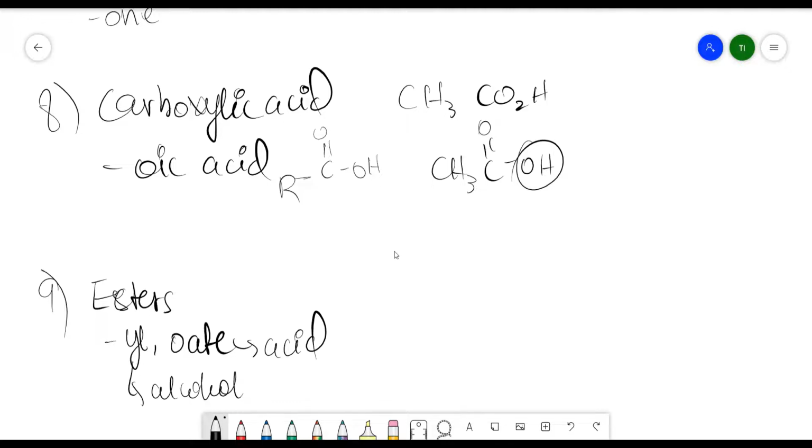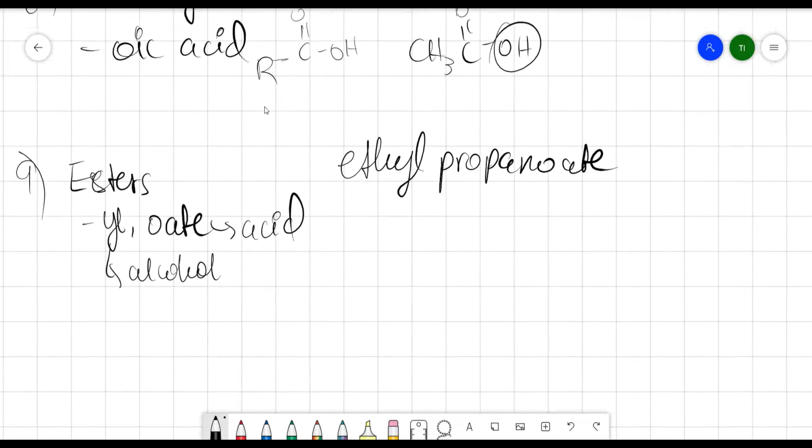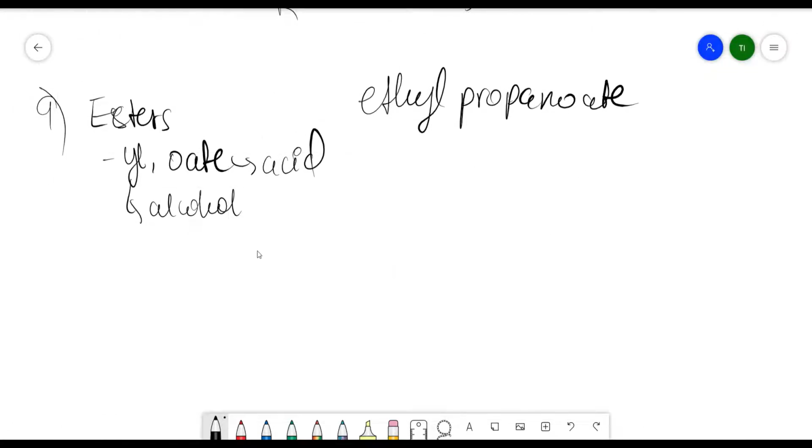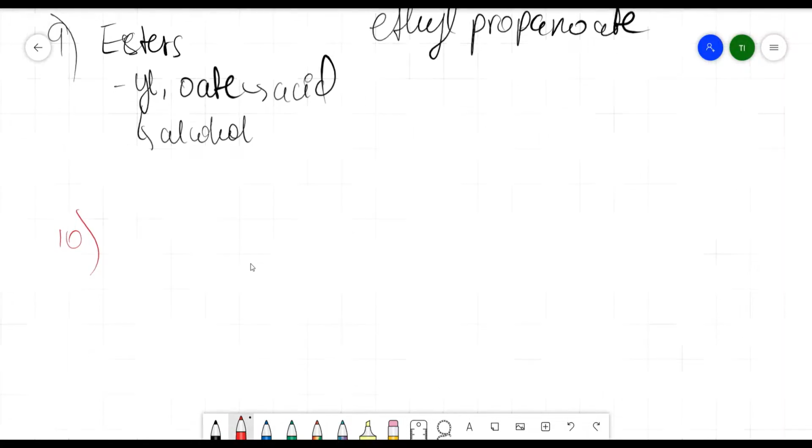So let's say you have propanoic acid and ethanol, so it would be ethyl propanoate, okay? It's a condensation reaction that forms the esters between the alcohols and acids, okay? The next three are in your A2 syllabus, but I'll just include them here just in case.